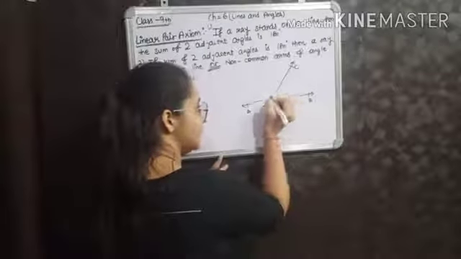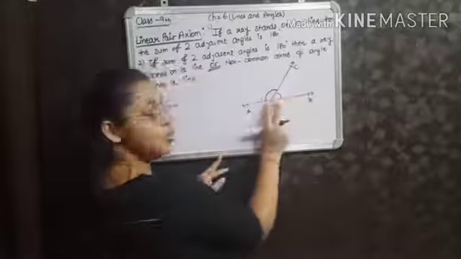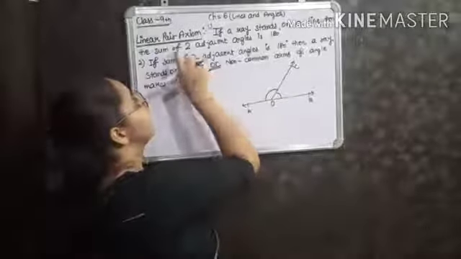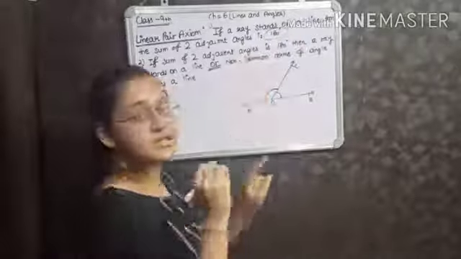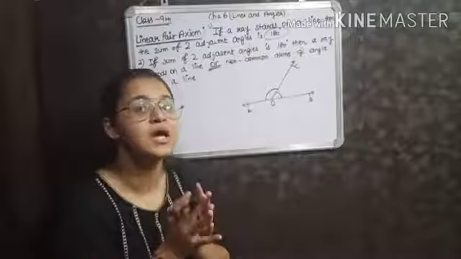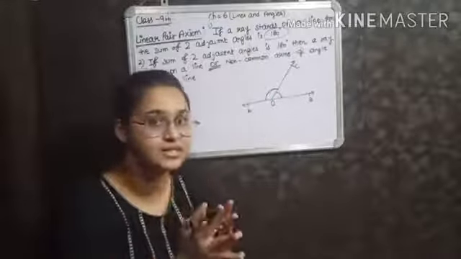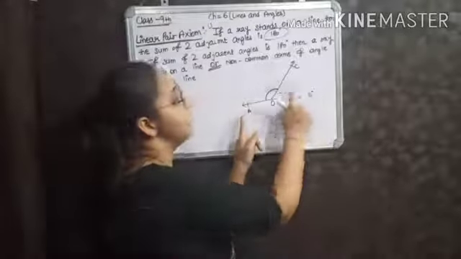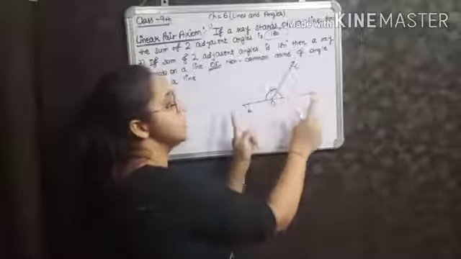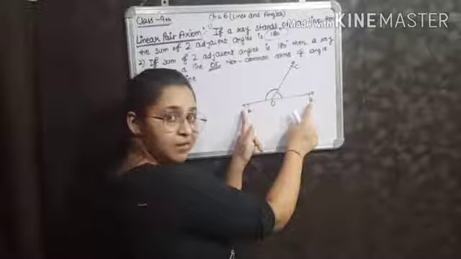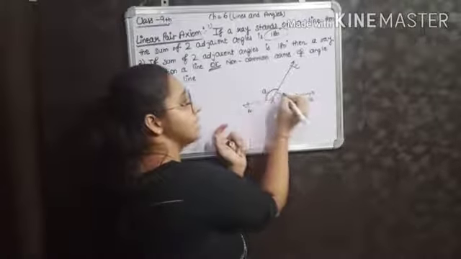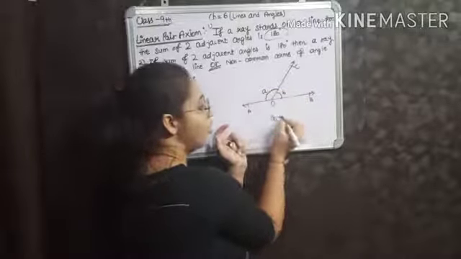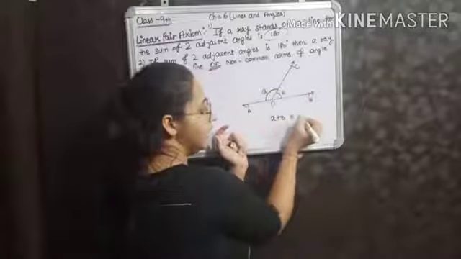This angle and this angle, and these are two adjacent angles. Then the sum of two adjacent angles is 180 degree. This is our mathematical axiom, that if a ray, that is OC, stands on a line AB, then the sum of these two adjacent angles is equal to 180 degree.